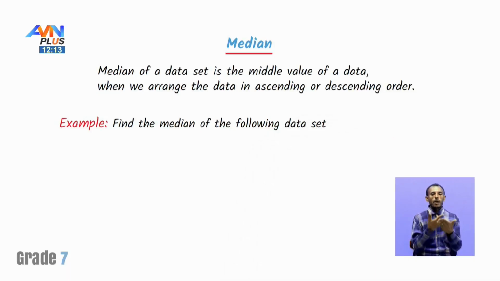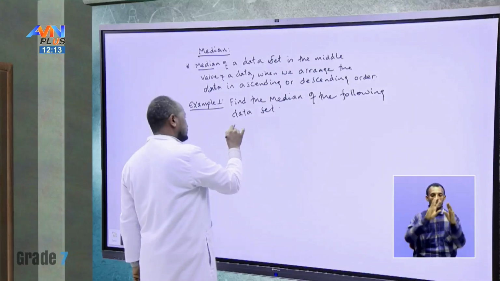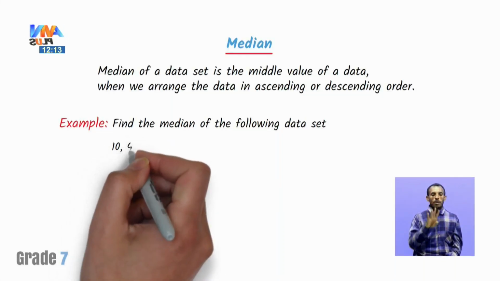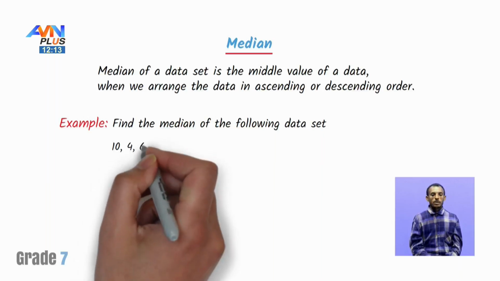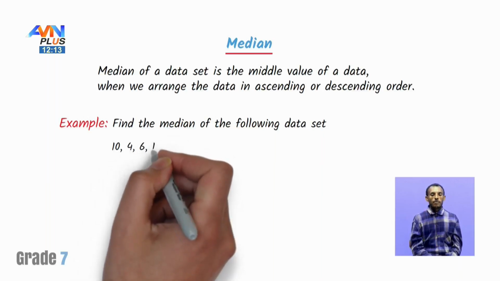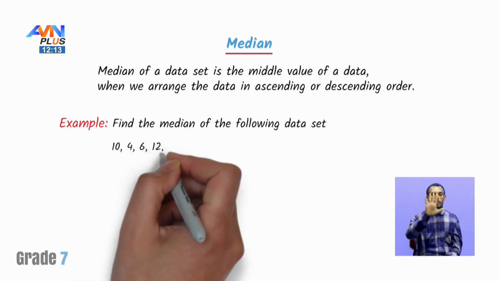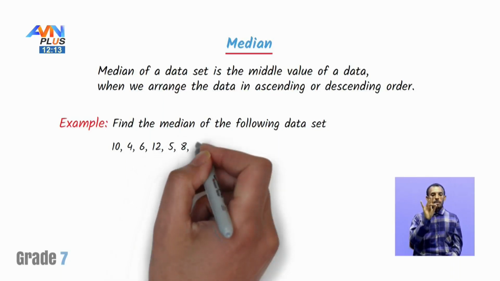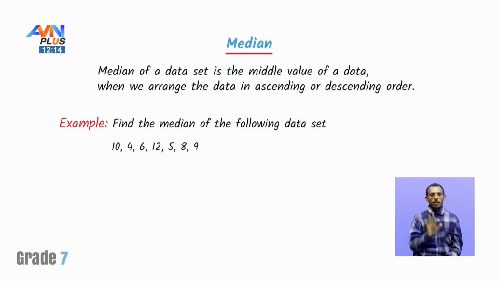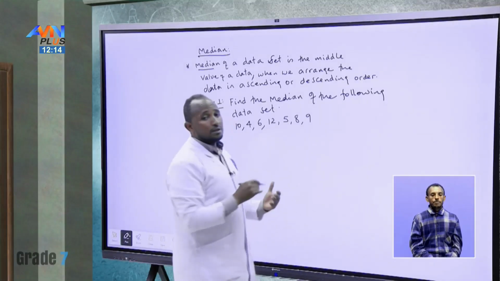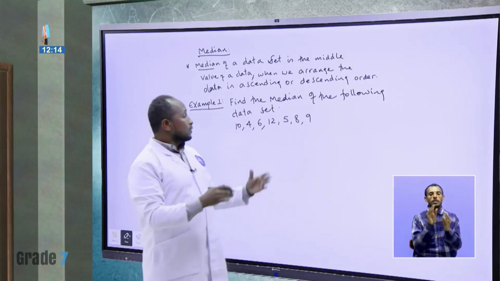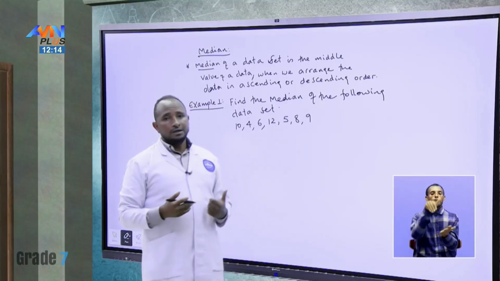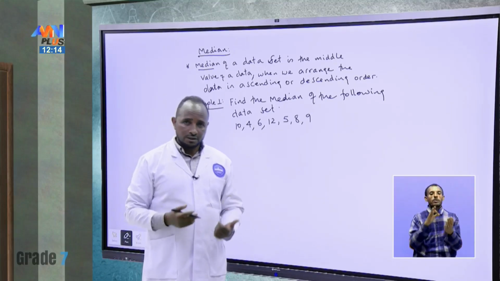Here, this data set is given: 10, 4, 6, 12, 5, 8, and 9. We're asked to find the median of this data set.